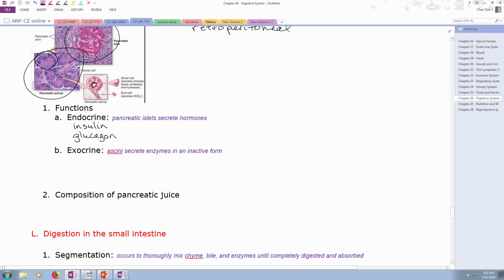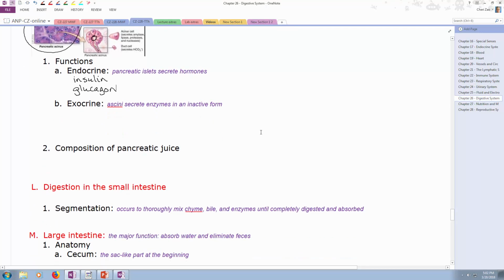Remember, insulin is designed to decrease blood sugar by allowing glucose entry into the cells, and glucagon is designed to increase blood sugar when our blood sugars get too low. So they both work on glucose levels to make sure we have a nice stable blood glucose level throughout the day and night.